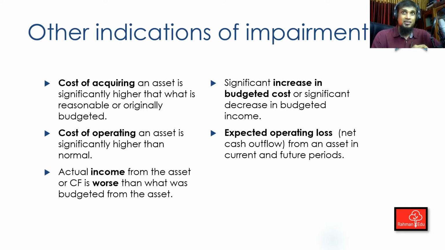Or did I purchase mistakenly? My manager purchased it at a high price and the asset should be written down to a lower price. Because I budgeted only like $20-30 million, but they paid $50 million. What's the reason? Let's investigate, yeah? So the cost of purchasing, the cost of operating, sometimes can be significantly higher than the budgeted cost. In that case, that's a negative economic performance, and impairment test is necessary.